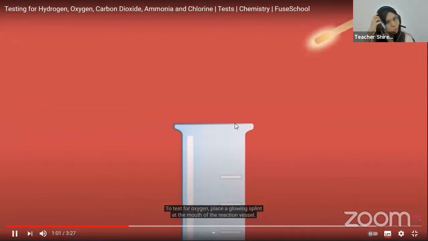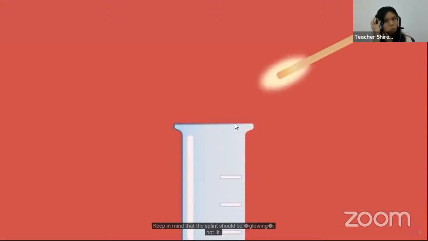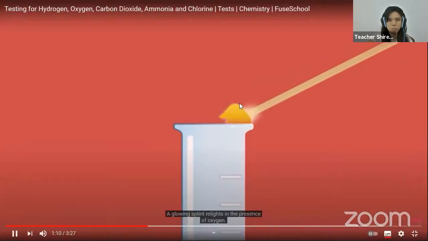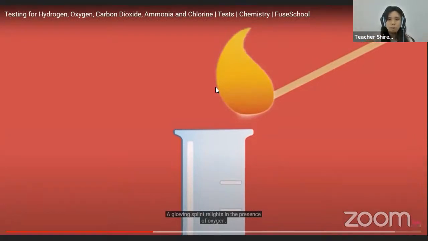To test for oxygen, place a glowing splint at the mouth of the reaction vessel. Keep in mind that the splint should be glowing, not lit. A glowing splint relights in the presence of oxygen. There is a difference between glowing and lit.